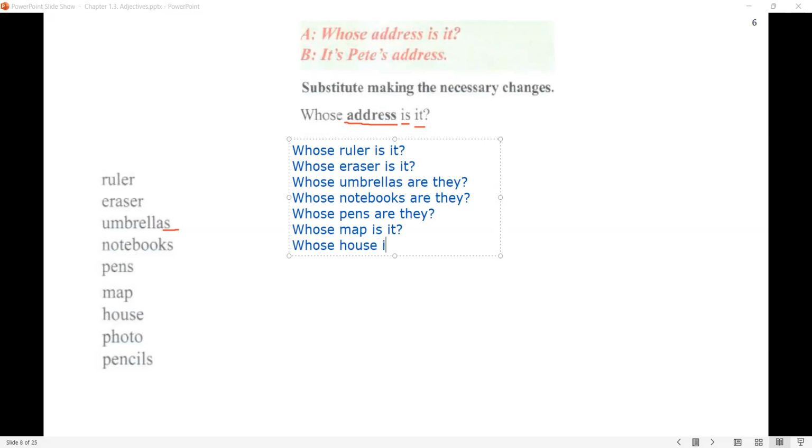Whose house is it? Photo. Whose photo is it? Pencils. Whose pencils are they? Okay. So here are the answers.